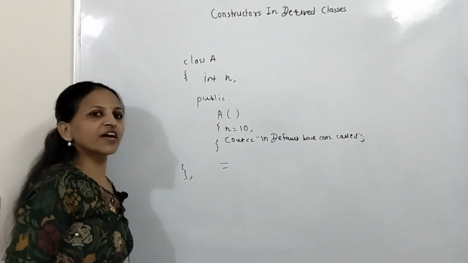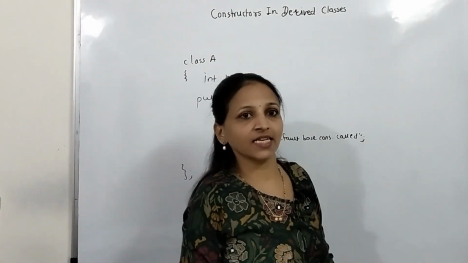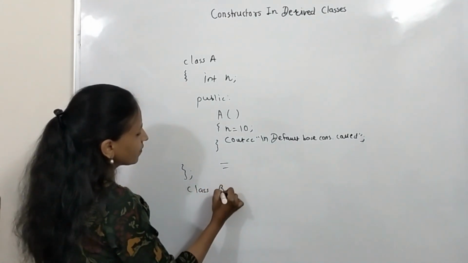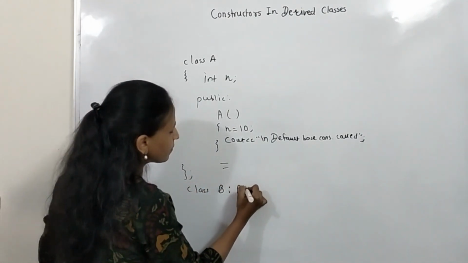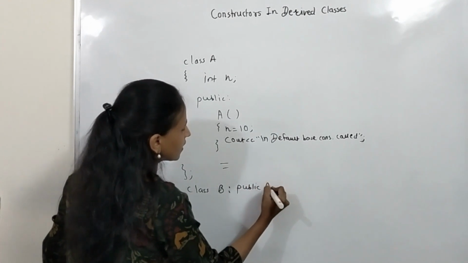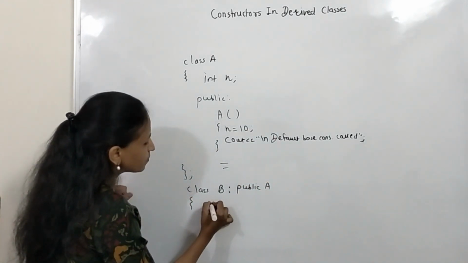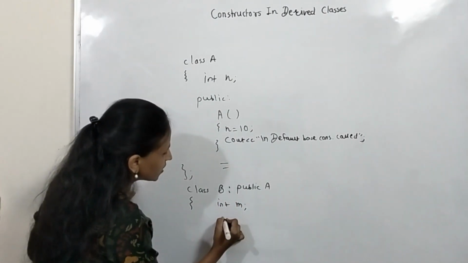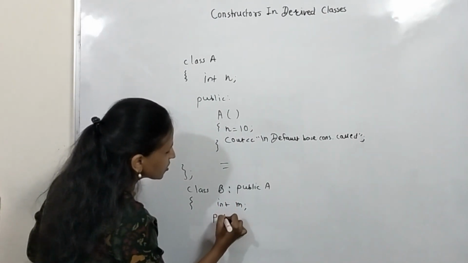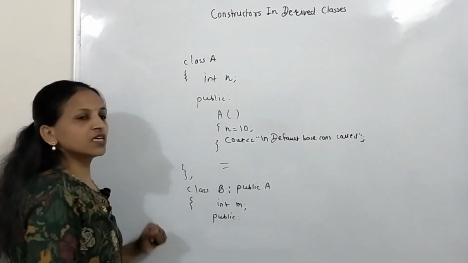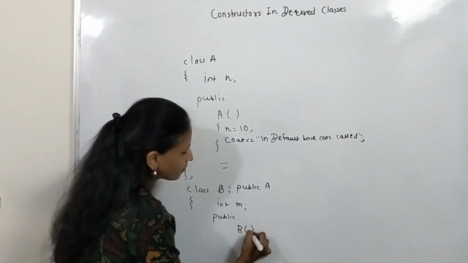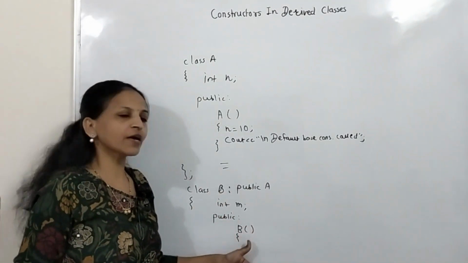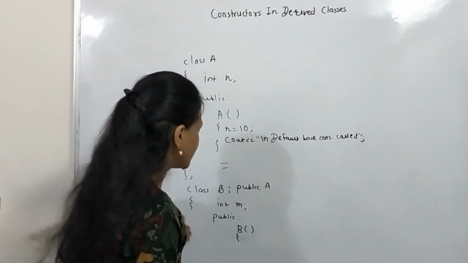Now I am creating one derived class of class A. How to create a derived class? Let class B be public A. Inside class B, let there be one more data member m, and inside the public section we write the constructor. Suppose B is a default constructor, so the class name and blank parentheses.